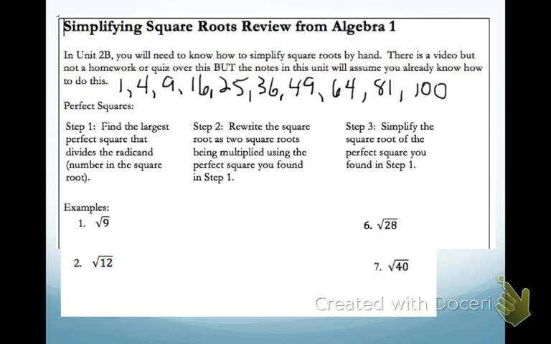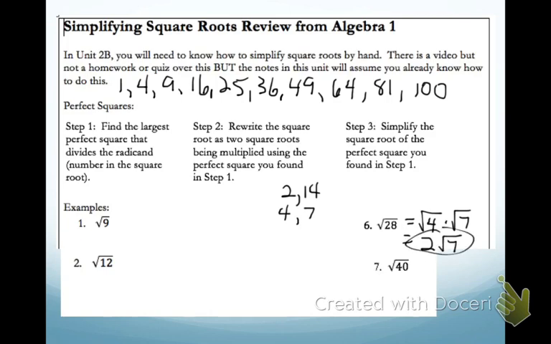Now look at number 6. We've got the square root of 28. And so I can break that into factors. So I think of my factors, 2 and 14, I'm actually going to write them down this time. Neither of those are perfect squares, so 4 and 7. Those are perfect squares, so I can rewrite that as the square root of 4 times the square root of 7. I'm going to take the square root of 4, which is 2.